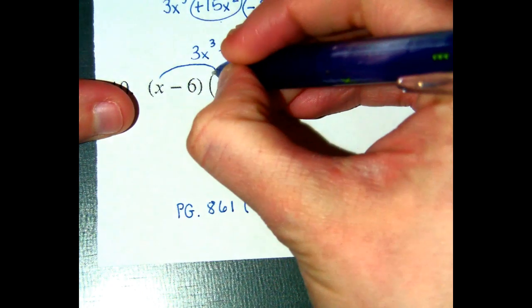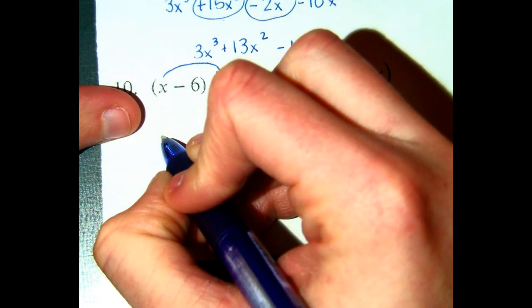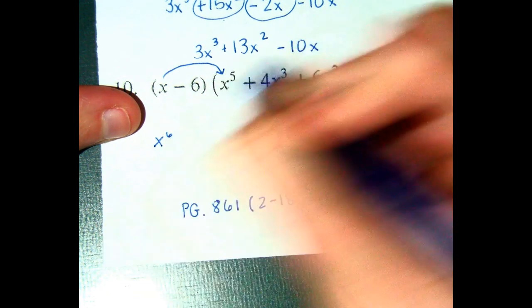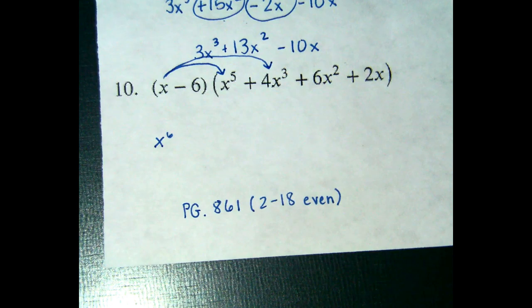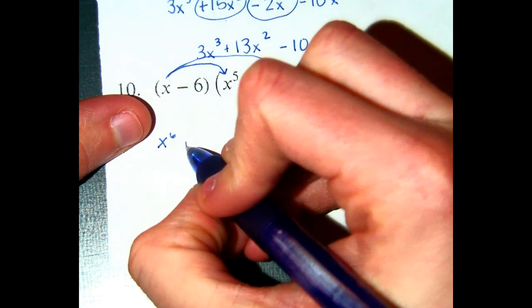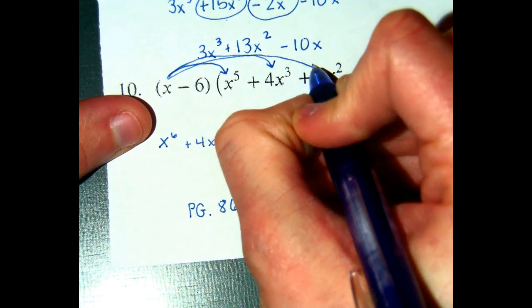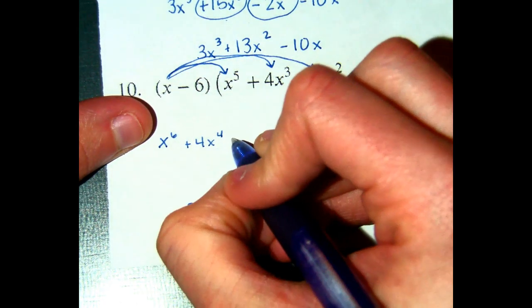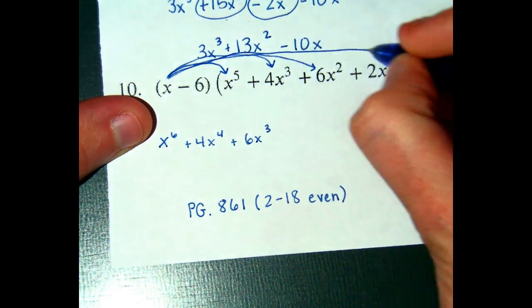X times x to the 5th is what? X to the 6th. X times 4x to the 3rd is? X times x squared is 6x to the 3rd. X times 2x.